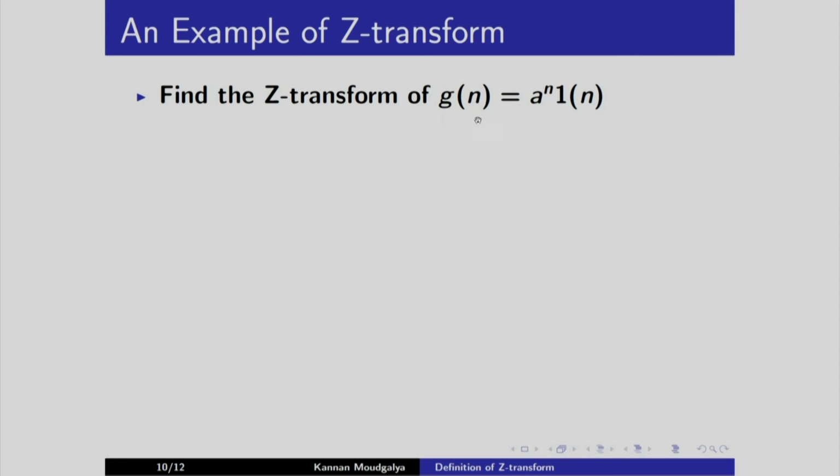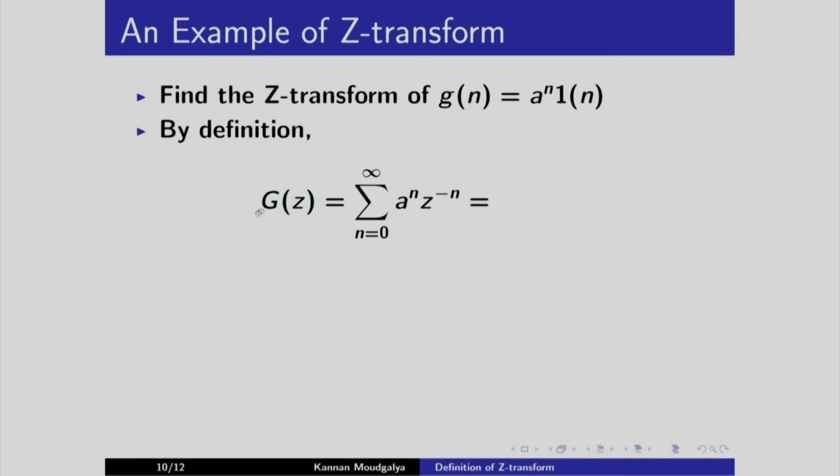Let us take an example of a z transform. Find the z transform of this impulse response, which is given by a to the power n into 1(n). a is general, it could be real, positive, negative, it could even be an imaginary term. By definition, recall the definition of the Z transform.